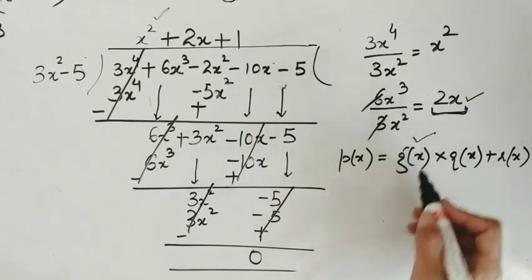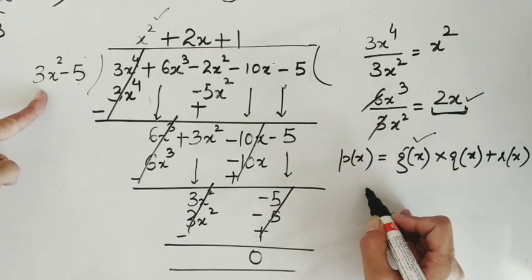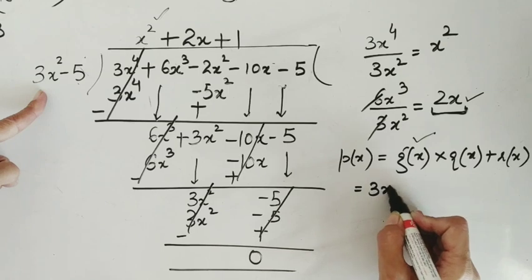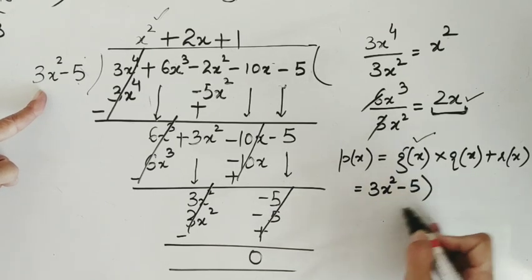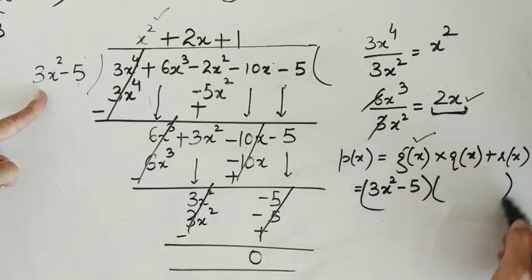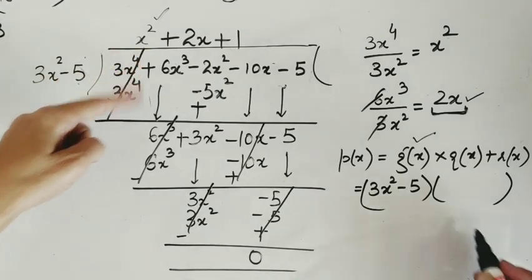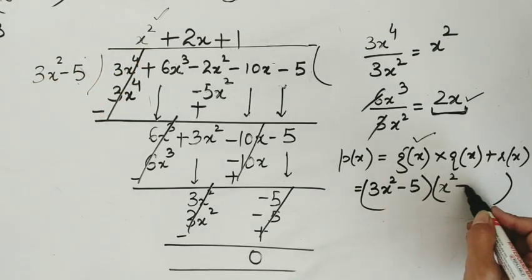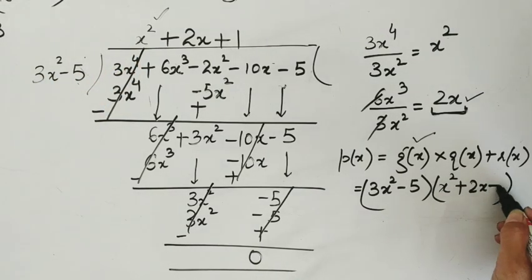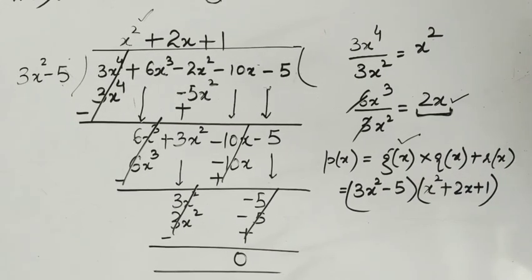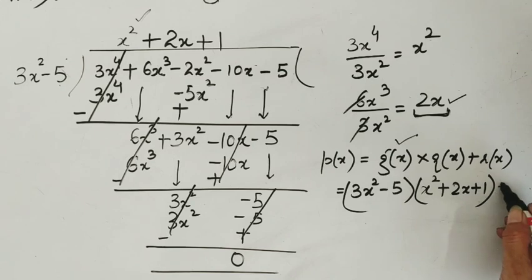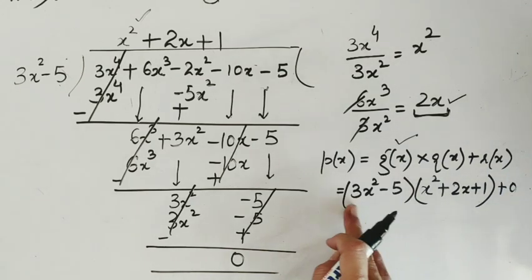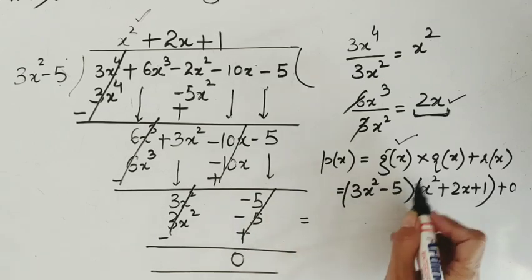It is product of gx, we divided it by 3x square minus 5, and qx, which is x square plus 2 times x plus 1, and plus remainder. What's the remainder? The remainder is 0. Our next step would be, this would remain as such.